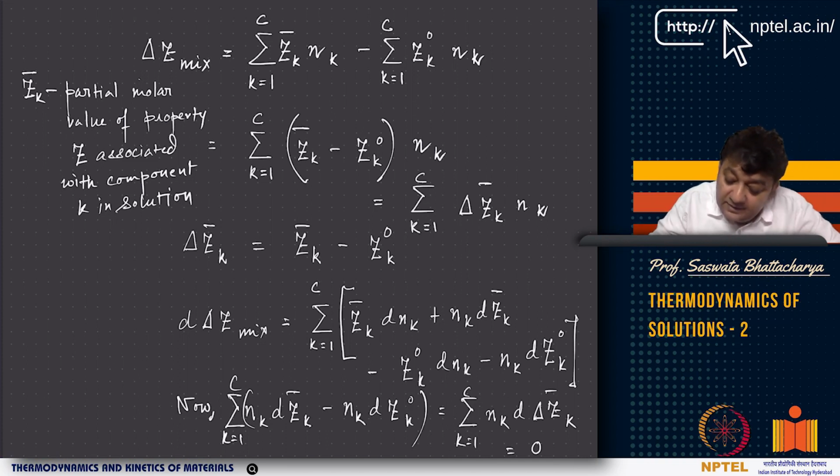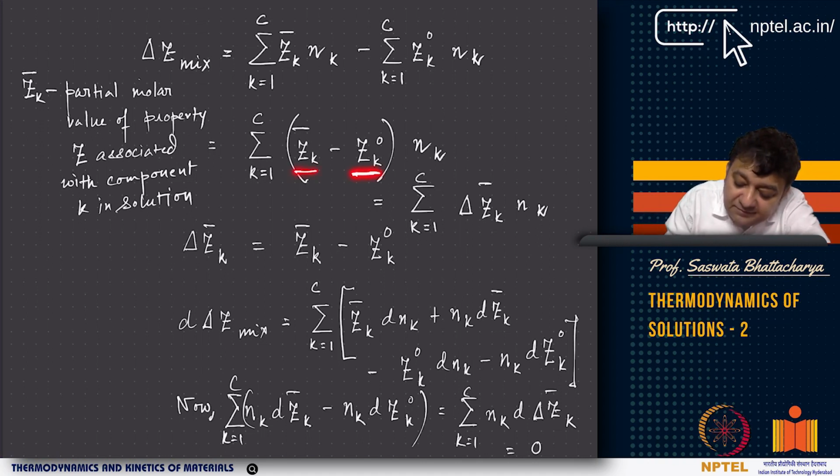On the other hand, ZK0 is the partial molar value of the property Z associated with component K in the standard state, and the standard state is often the unmixed state, so ZK0.